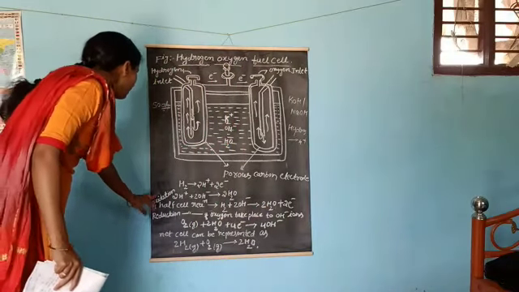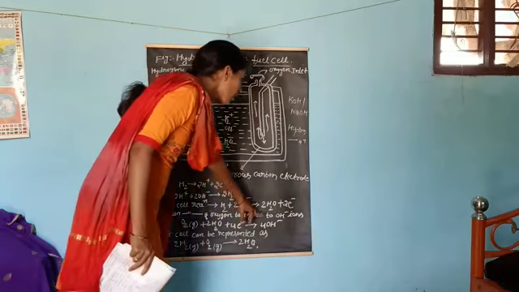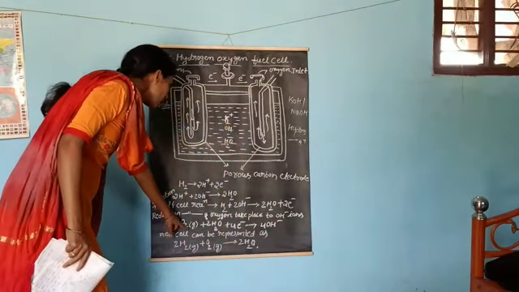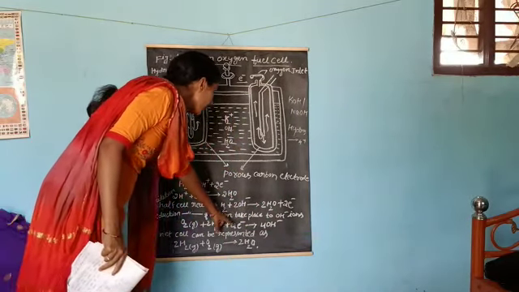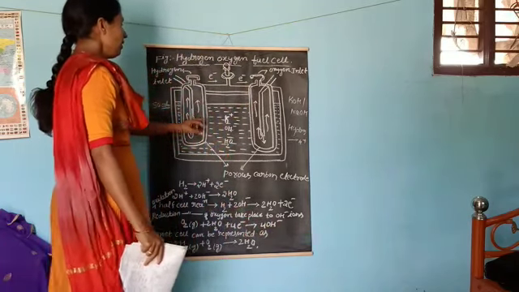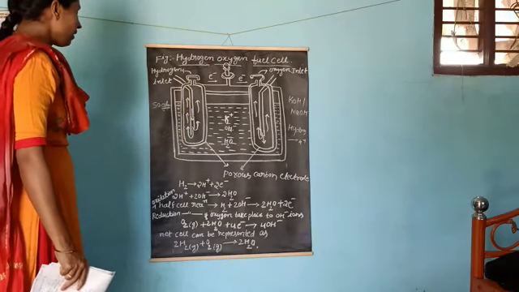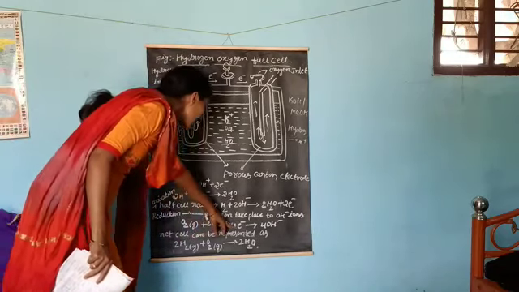Then the reduction half cell reaction of oxygen takes place: O2 gas plus 2H2O plus 4 electrons gives 4 hydroxide ions. The net cell reaction is the oxidation half cell reaction plus the reduction half cell reaction.